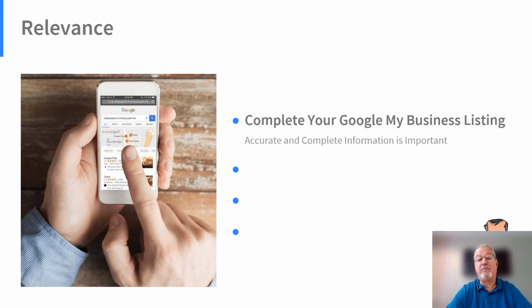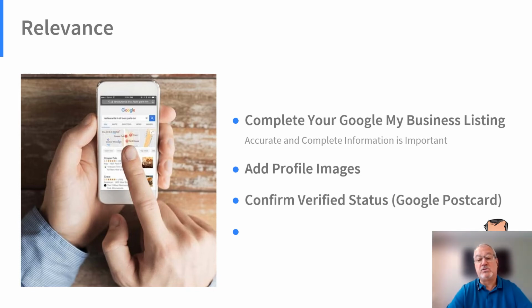So the more information you supply to Google, the more Google can supply to researchers, right? The more you put, the more it can supply, and the more comfortable it will be ranking you in higher results. So step one is to make sure you complete your profile, add images, get verified, and start posting some content, okay?